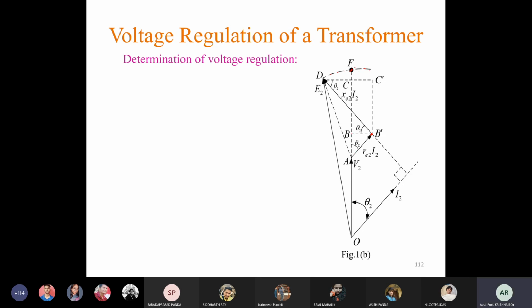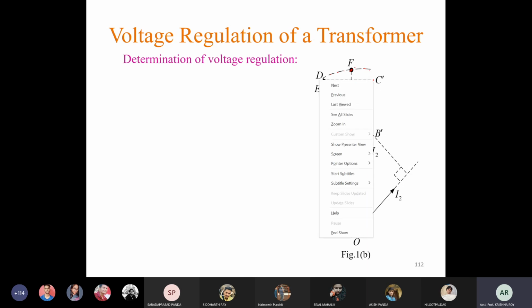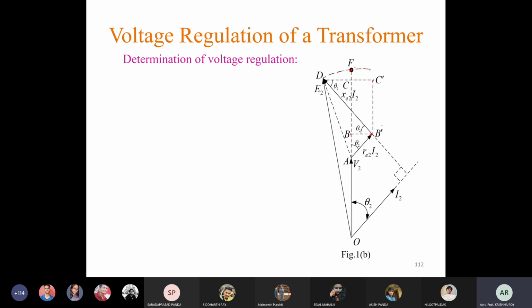That point is B, and then draw another perpendicular DC dashed, which is drawn on BC and extended up to this point C dashed, and join this C dashed and B dashed, making B dashed C dashed parallel to BC.